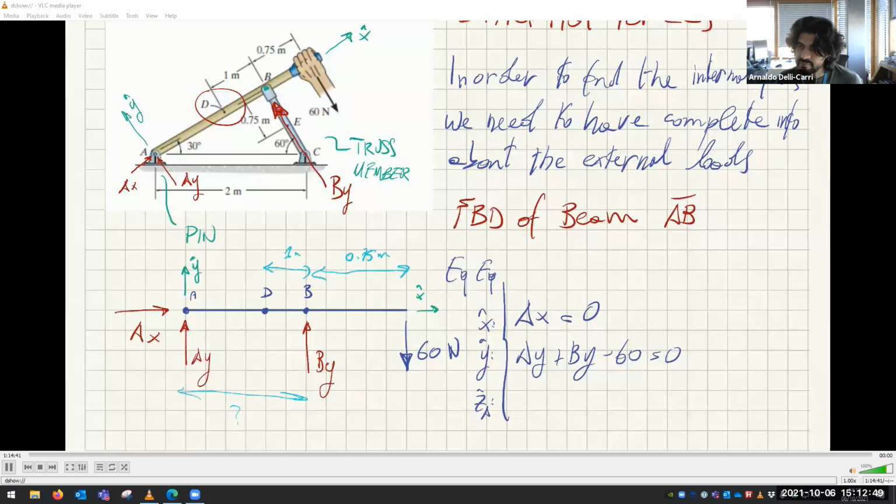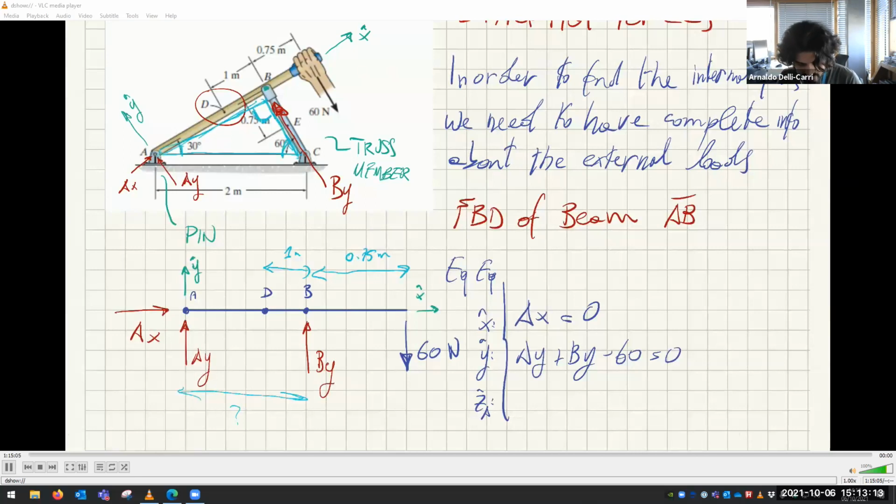Can we find out? I think we can. How do we find out? Well, let's look at this triangle here. We have a triangle. Looks to me that this is 90 degrees. So this is 60 degrees and this is 30 degrees.